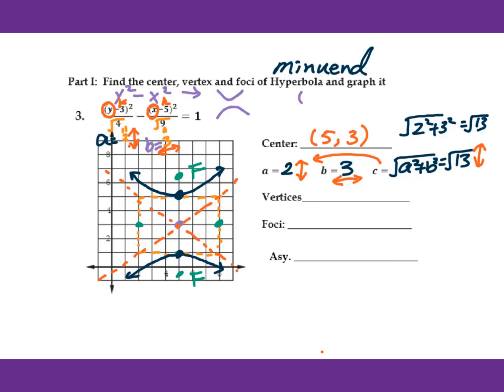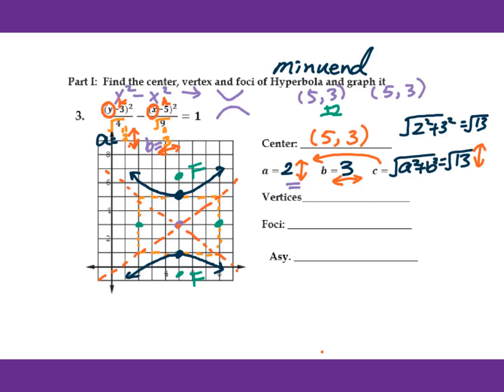For vertices, we calculate. We have 5, 3. Only check A. Since A is a vertical arrow, therefore they go to y coordinate. For foci, go to y coordinate because it's a vertical arrow.